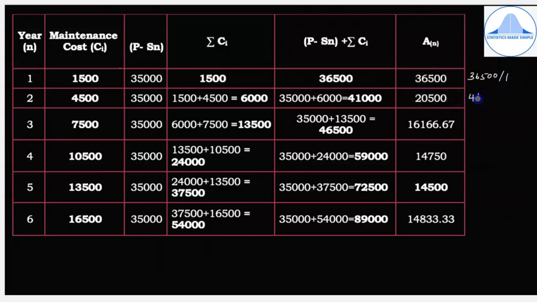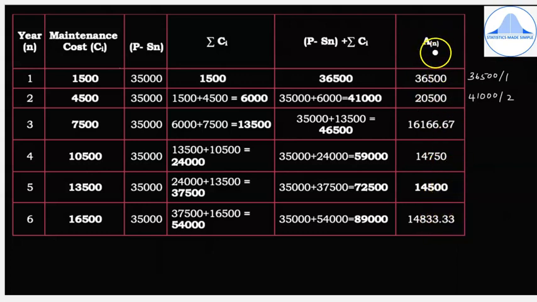Next, 41,000 divided by 2 gives 20,500. Then 46,500 divided by 3 gives 16,166.67. Then 59,000 divided by 4 gives 14,750, and 72,500 divided by 5 is 14,500, and 89,000 divided by 6 is 14,833.33.